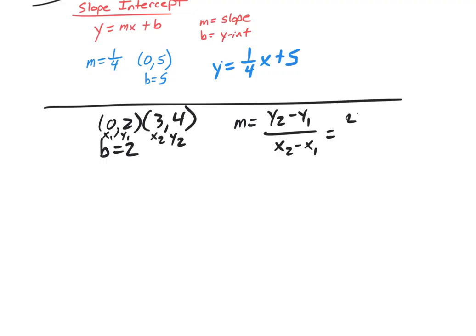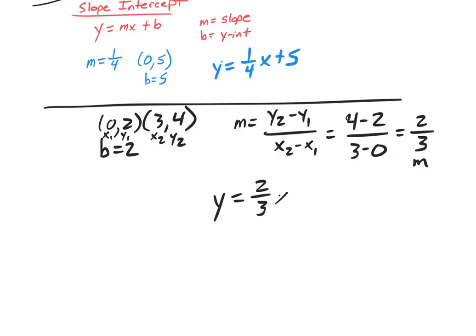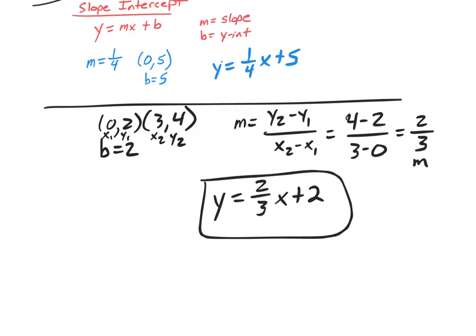And we're going to go 4 minus 2 over 3 minus 0, which gives us 2 over 3. And that's our slope. If it reduces, we would reduce it. It does not, so we just leave it as 2 over 3. And then we would write our equation as y equals 2/3 x plus 2. And that would be our equation in slope-intercept form.